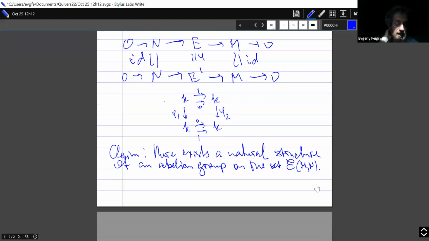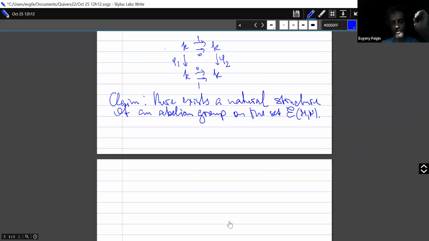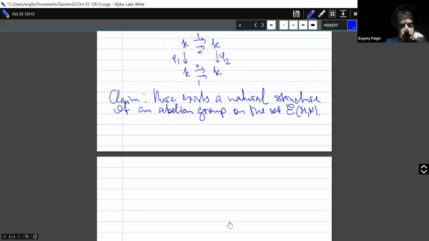In other words, there is a way to add up two sequences, so two extensions.